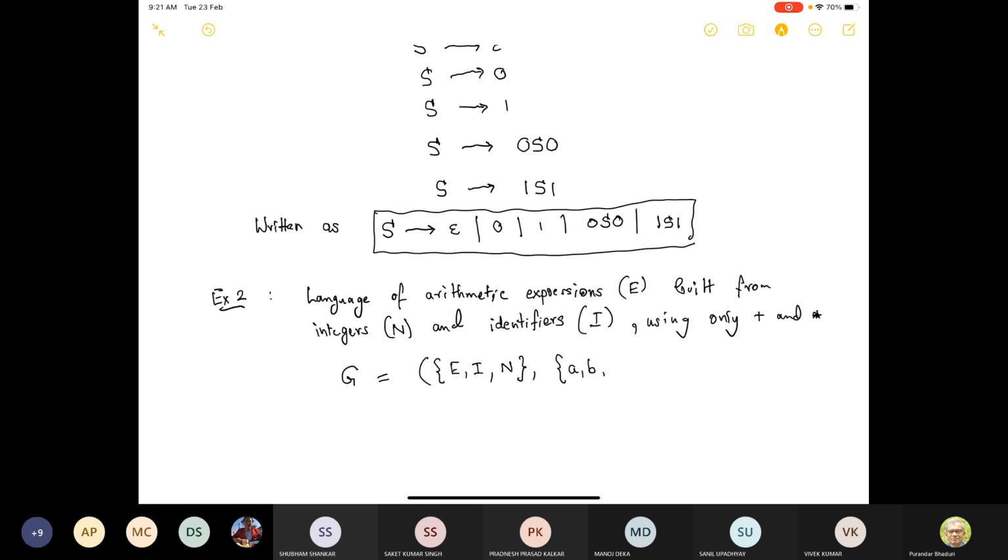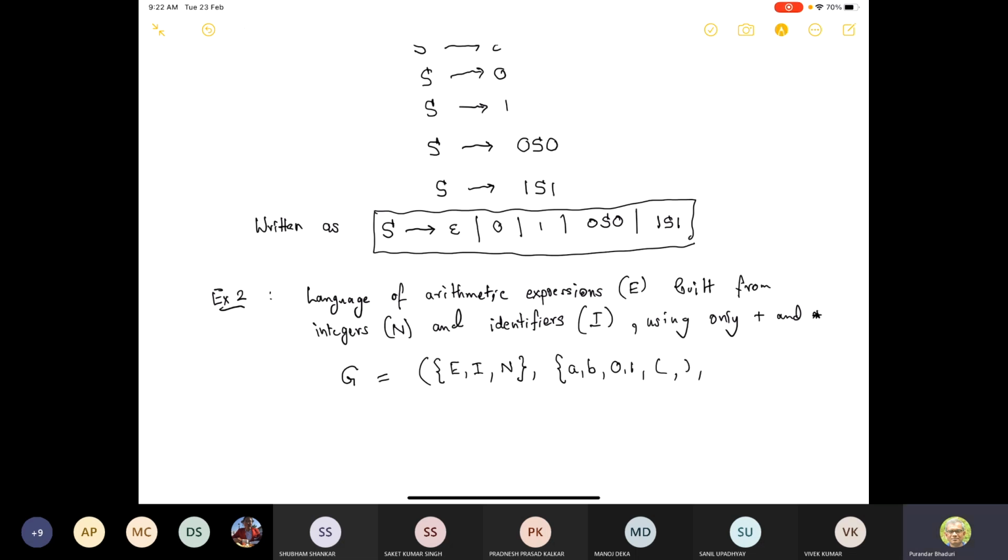A, so these are from the alphabet, right? These are letters, small case letters. And let's say that we have just two small case letters, A and B, and no uppercase letters. And also, instead of 10 digits, we just have 0 and 1, right? Just to simplify, this is just an illustration.